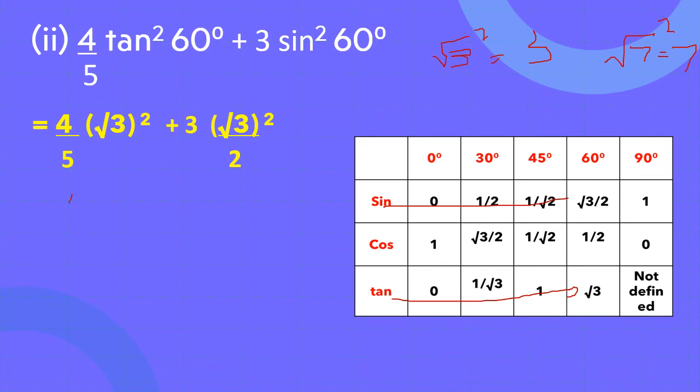So this will remain 4 upon 5 into 3, plus 3 into root 3 square, which will again be 3, but this 2 also has a square on it. Okay, so 2 square will be 4. So this is what you're going to get in our answer: 4 upon 5 into 3 plus 3 into 3 upon 4. Okay, so let us write it down.